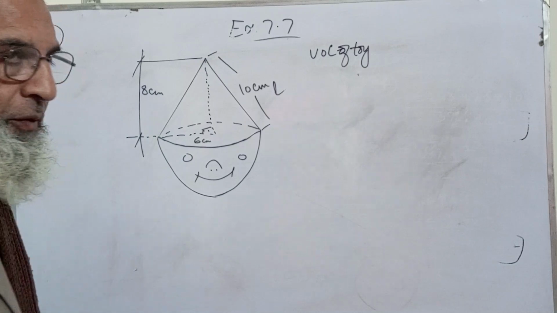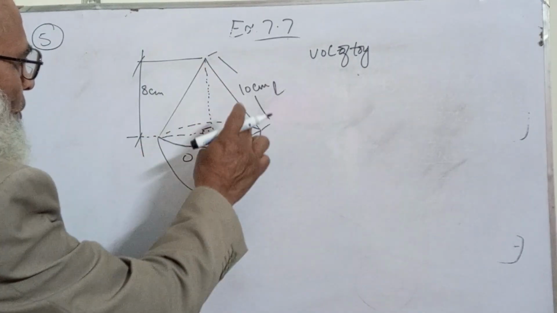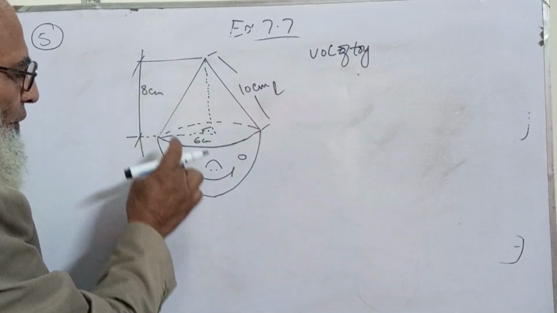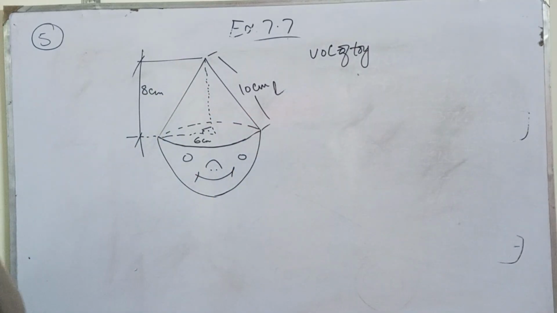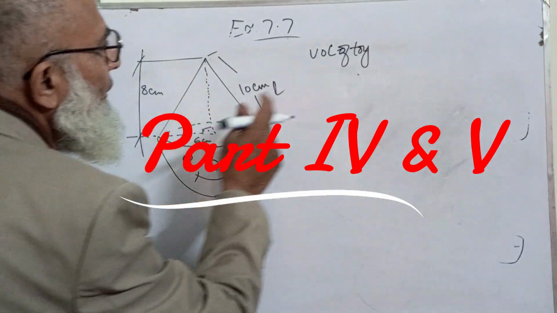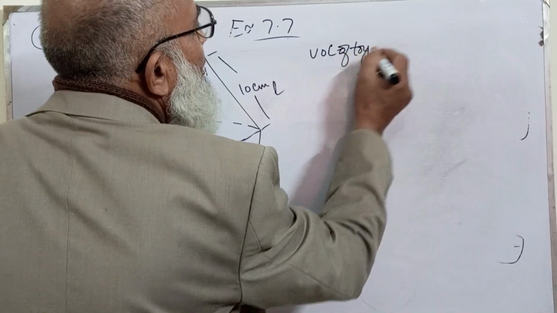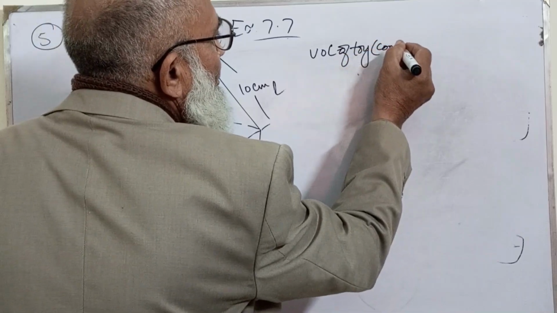So the volume of the toy will consist of two volumes: the volume of the cone and the volume of this hemisphere, or you can say half sphere. First I'll find the volume of the cone. Volume of toy, part cone.